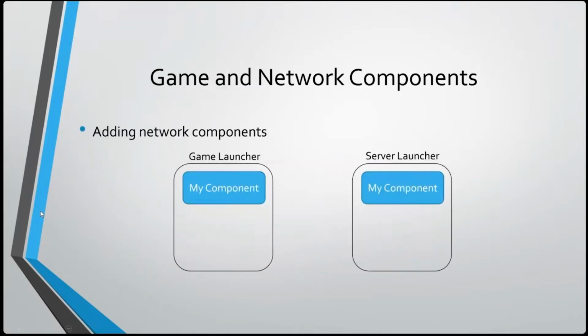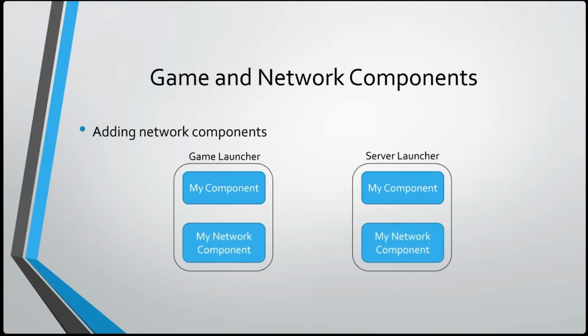Let's say you have a game launcher and a server launcher, and you have the same component present on both sides. Components by themselves do not have any network abilities by default. So you have to add another component on top of that. Sometimes this concept is called a head crab.